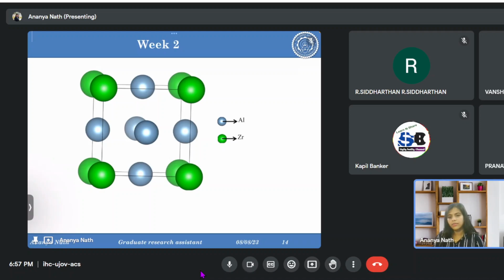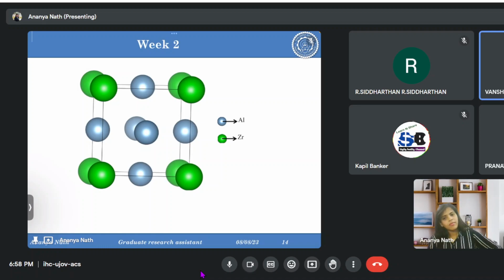What do you feel? It looks like some short range order. Why? If I notice carefully, Al is occupying the FCC positions, and the zirconium is making the corners. So it looks somewhat like an FCC lattice where zirconium is present on the corners.